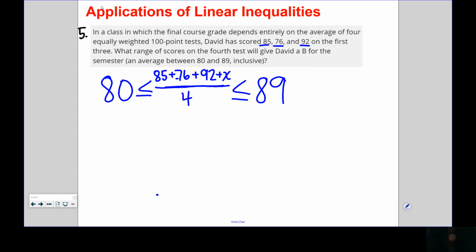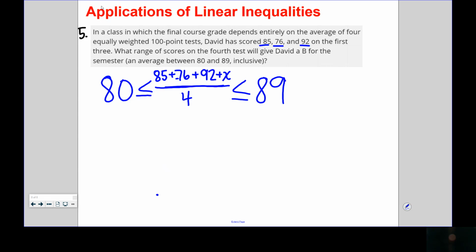So this is like the average formula. Okay, so 85 plus 76 plus 92 plus X, where X is the score on the 4th test. And that's all between 80 and 89.